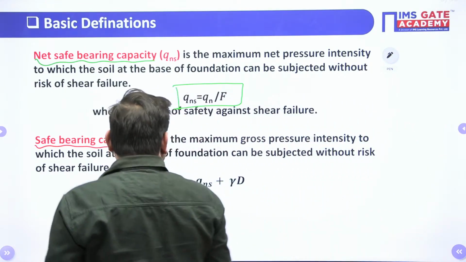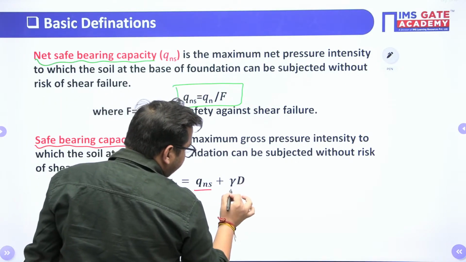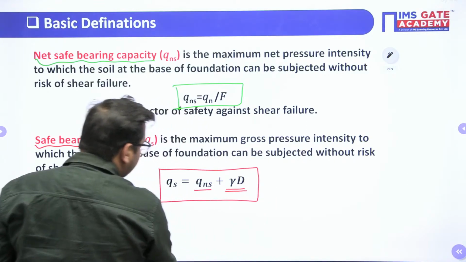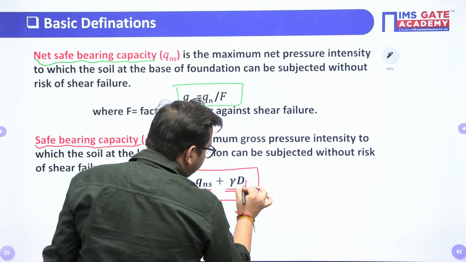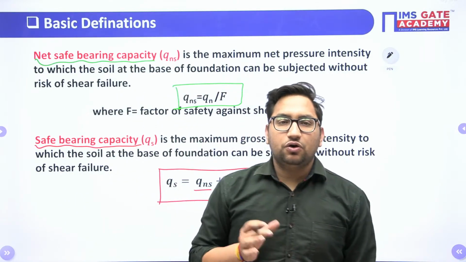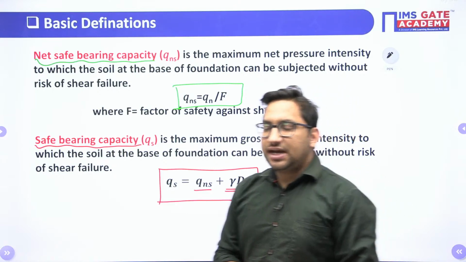So you can see that after calculating the net safe bearing capacity, we separately add the weight of the soil above the foundation, which is nothing but gamma into depth of the foundation. I hope this concept is clear. If there is any doubt, just let me know.